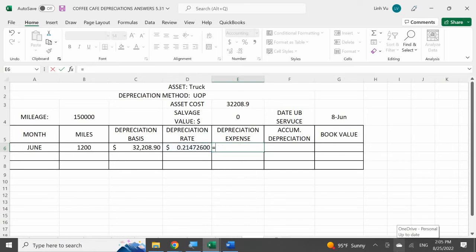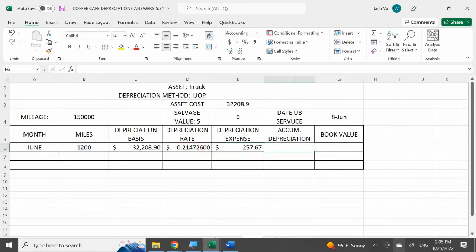Okay? So then what is going to be my depreciation expense? Miles times depreciation rate. I'm going to do the equal round formula: miles times the depreciation rate, comma 2. That's 257.67.